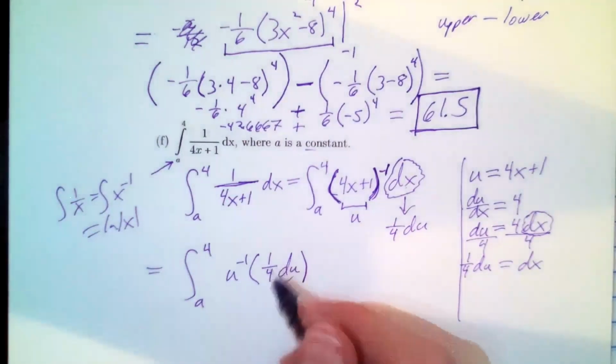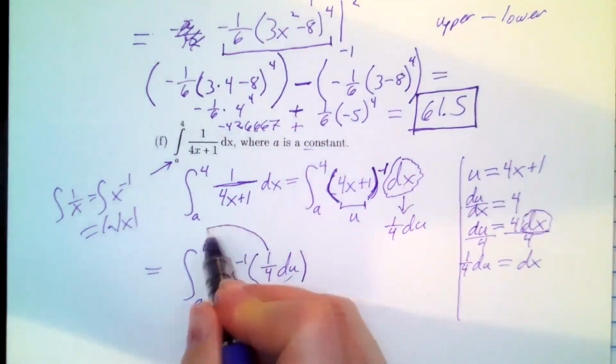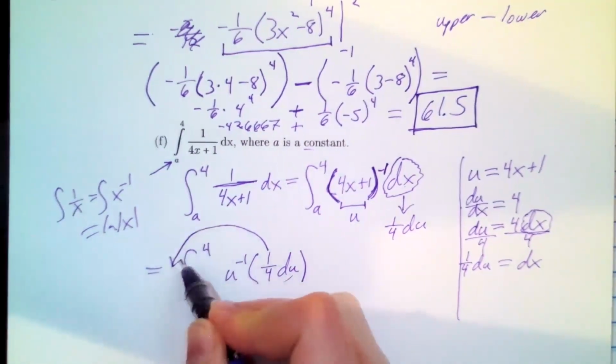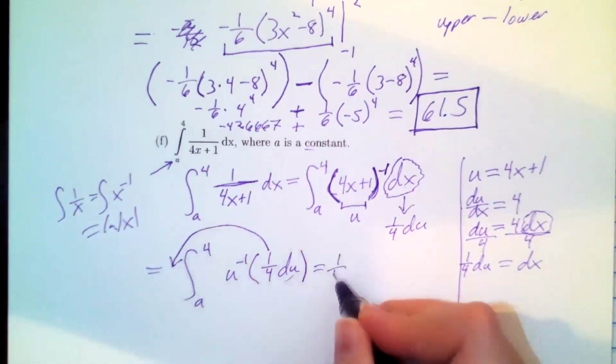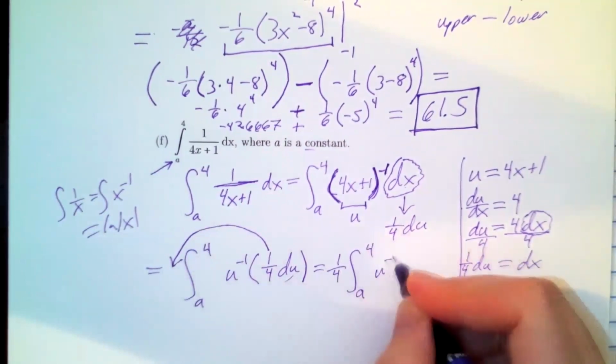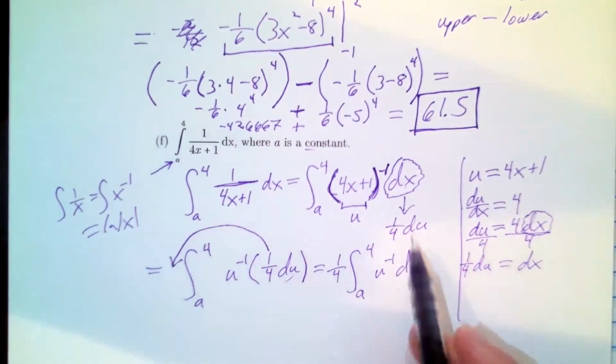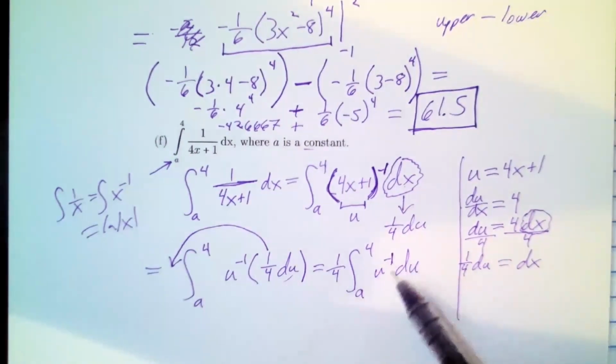To finish, you can move any constants to the front. So this becomes 1/4 times the integral from a to 4 of u to the -1 du. All of this has been set up. I haven't actually integrated yet, but now that I've traded out all of my functions for u's, this is easily identifiable, and all the constants are in place.